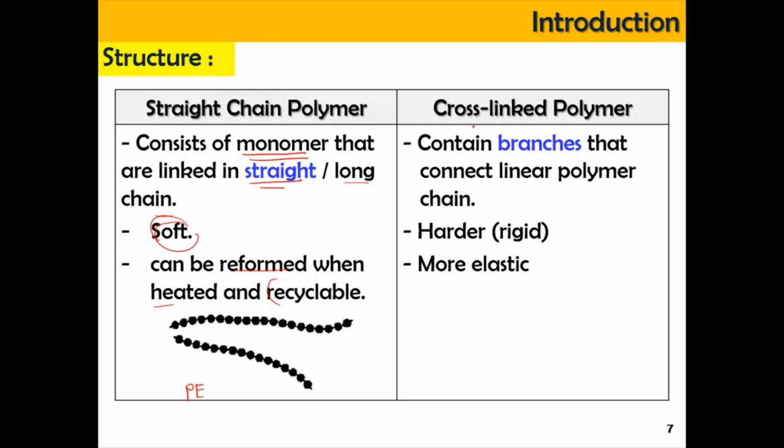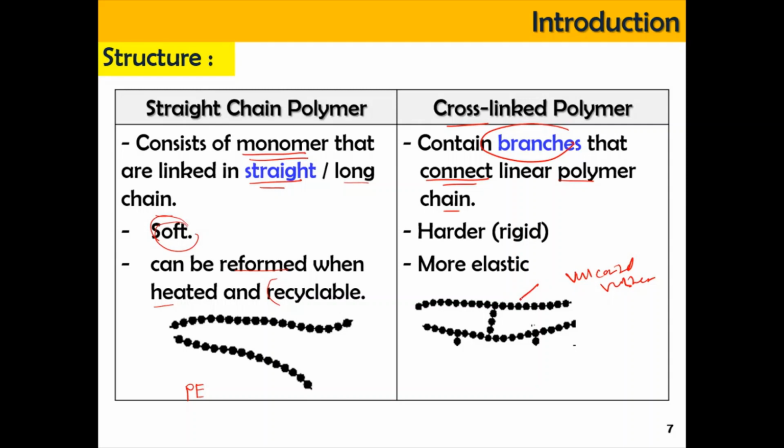Meanwhile, the cross-linked polymer basically contains branches that connect linear polymer chains together. An example of this polymer is vulcanized rubber. The natural rubber, which is an example of polyisoprene, can be vulcanized using sulfur atoms.